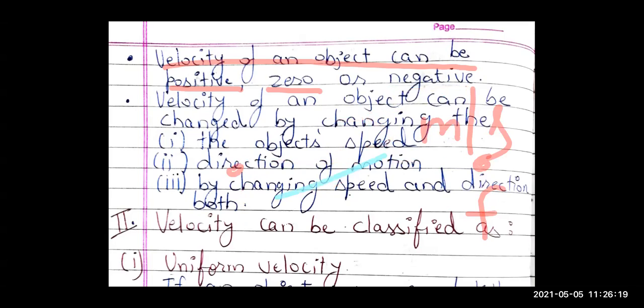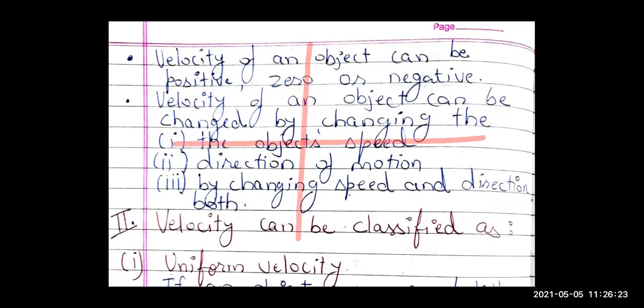Okay, for example, if I draw an x-axis here, y-axis here and origin here, suppose you are moving from 2 to 5, then your displacement will be positive, that is 3, right? But suppose you are moving from 5 to 2, so your initial position is 5 and your final position is 2.